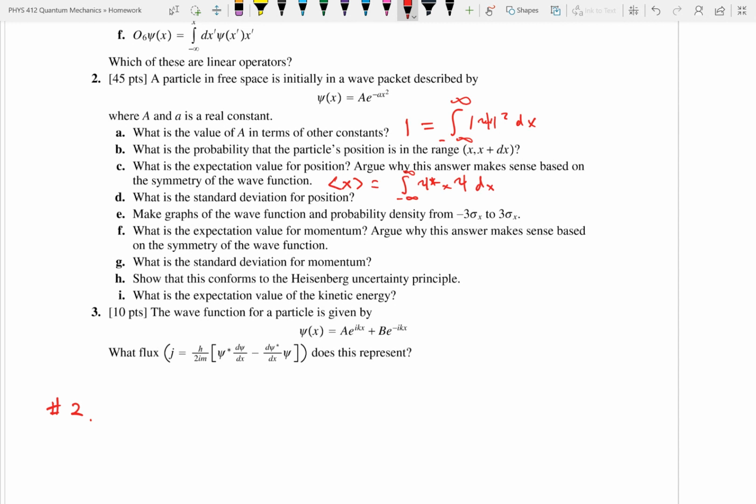Okay. Now, is part B asking for us to integrate from x to x plus dx? No. What is B asking? Because it's from x to x plus dx, your range is only dx.